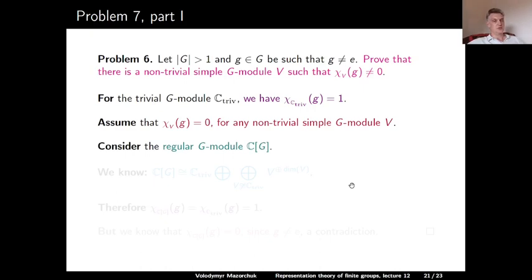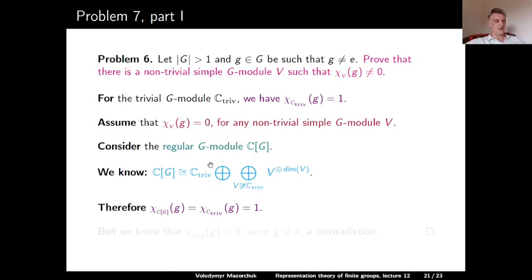Consider the regular G module C[G]. So we know that the regular G module decomposes as the trivial G module with multiplicity 1 plus the direct sum of all non-trivial simple G modules V, which appear with multiplicity the dimension of V. Therefore, if we compute the value of the character of the regular G module at g, it will be equal to 1.